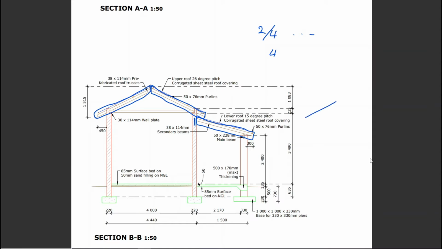But a standard standalone mono pitch will actually have a fascia board on both eaves. The one eave is just higher up, the other eave is lower. And then your mono pitch verge will also have your barge boards.